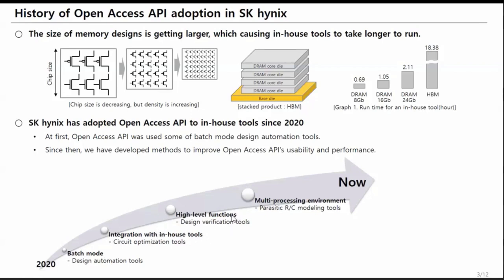This expansion was supported by efforts to enhance the functionality needed, thereby increasing the efficiency of using OpenAccess API and maximizing its performance. These efforts include the development of a high-level functional library and a multi-processing environment, which will be explained in the sections below.